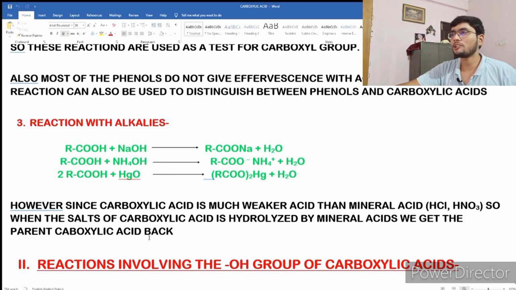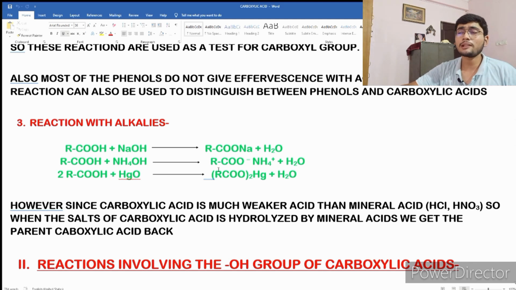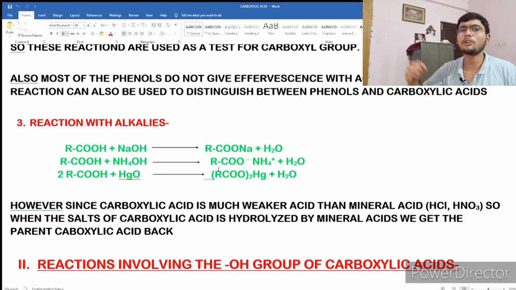Now, what I have written here is that you see I have formed the sodium salt of carboxylic acid, the ammonium salt of carboxylic acid, or the mercuric salt of carboxylic acid. Because carboxylic acids are much weaker acids than the mineral acids like hydrochloric acid, nitric acid, sulfuric acid, if we hydrolyze the sodium salt of carboxylic acid, or an ammonium salt of carboxylic acid, with these mineral acids, we will get the parent acid back.